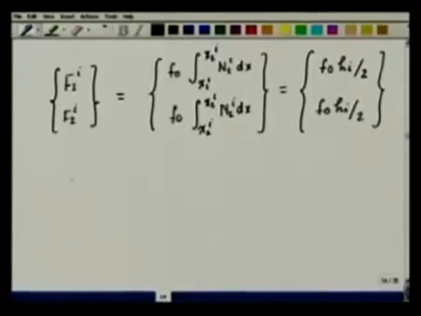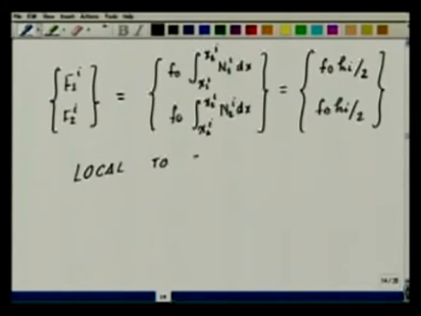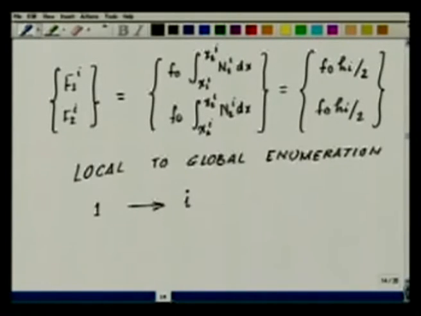For that we need the so-called local to global enumeration or numbering, which we have already stated: local 1 for the element maps to I globally, and local 2 of the element maps to the global I plus 1.